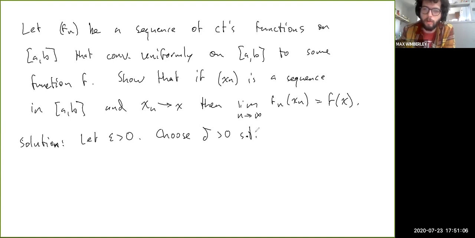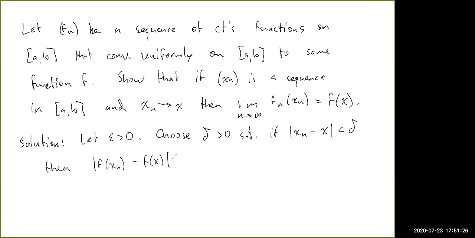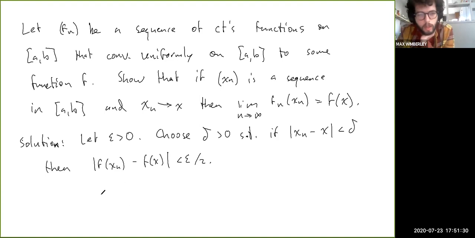From what you were saying, it sounds like you want to make it so that if xn minus x is less than delta, then f of xn minus f of x is less than epsilon over 2. Right. Okay.